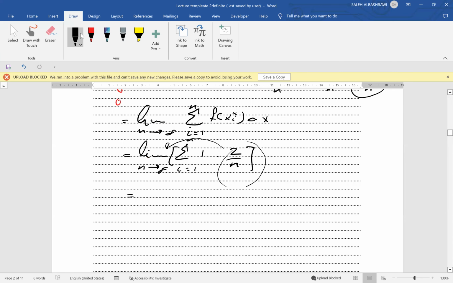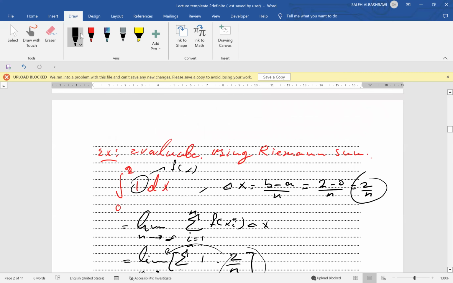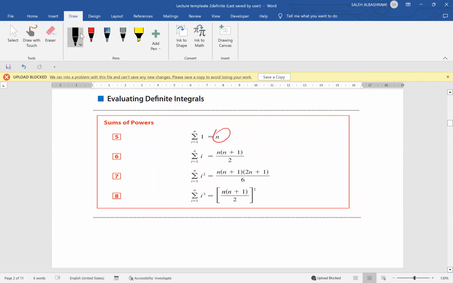So this is equal to the limit of 2 over n multiplied by sigma i equal to 1 to n of the constant 1. And as we stated before, sigma of 1 is equal to n.